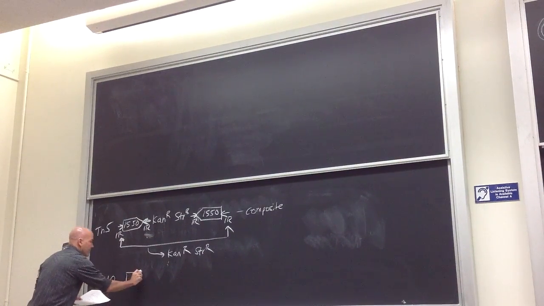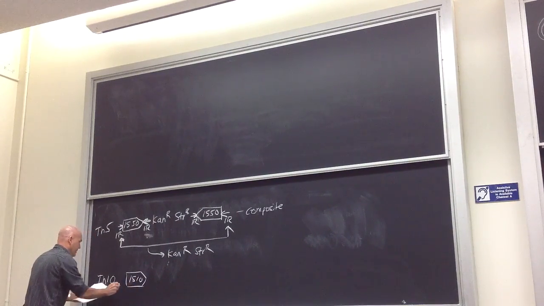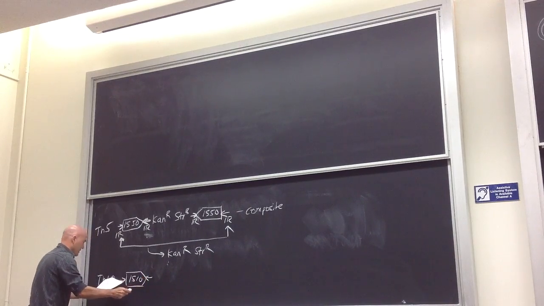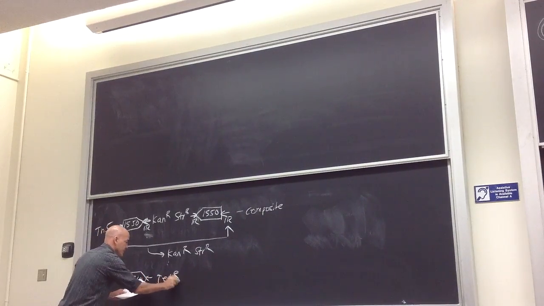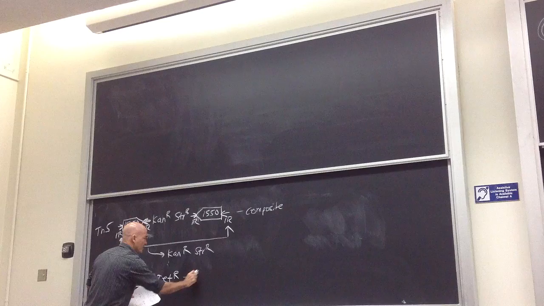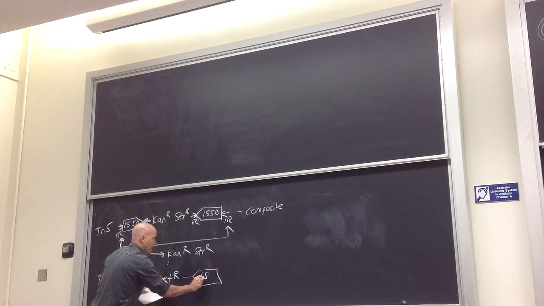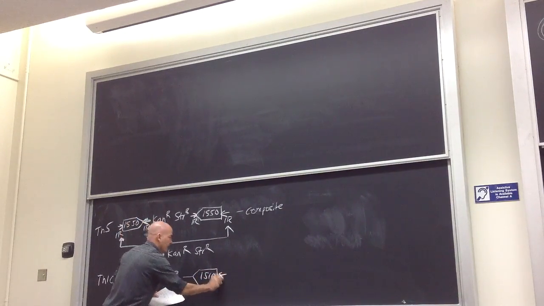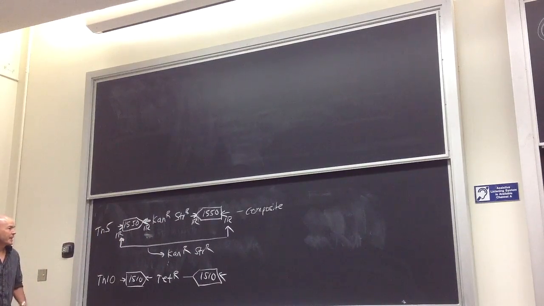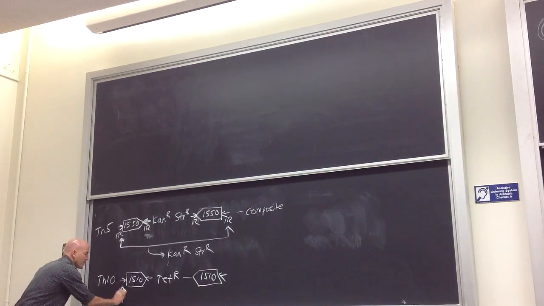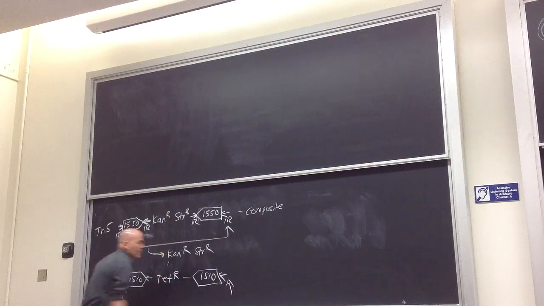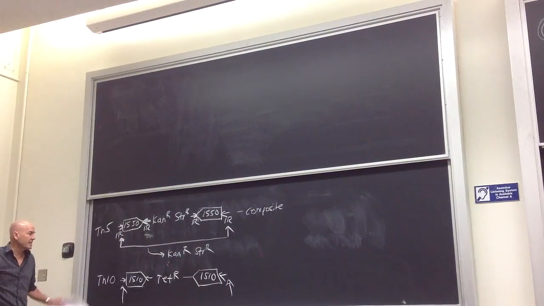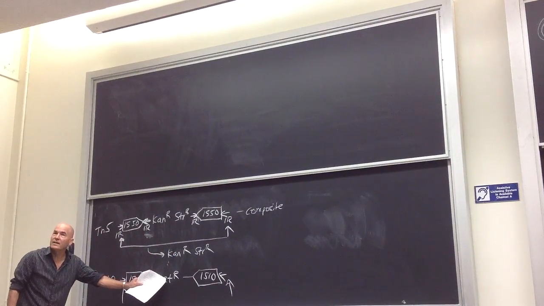Tn10 is kind of similar. It has an insertion sequence 10, with inverted repeats around it. It carries tetracycline resistance. This is a natural transposon, all these are. And IS10 here, and that's Tn10. So Tn10 can transpose using these outside inverted repeats, we call those outside inverted repeats, and tetracycline will go, right?